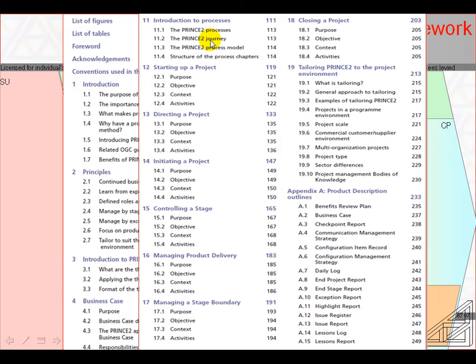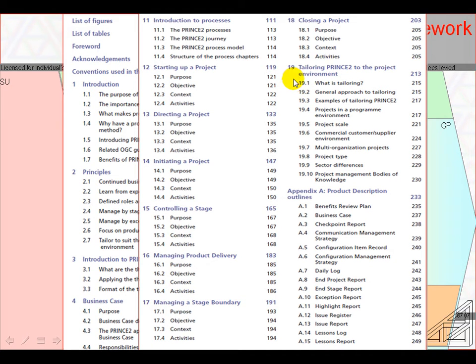Then there's an introduction to the processes, which we're about to take an overview of. The introduction to the processes talks about the journey from starting up a project through to closing a project via initiating, controlling, managing product delivery and managing stage boundaries. There are 7 processes.